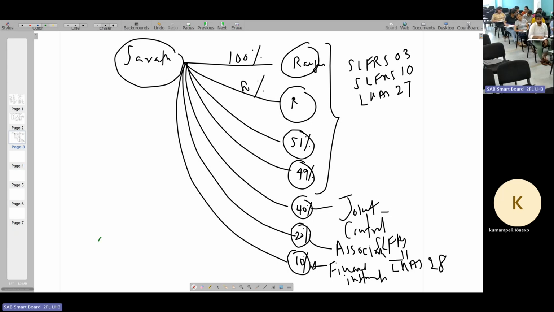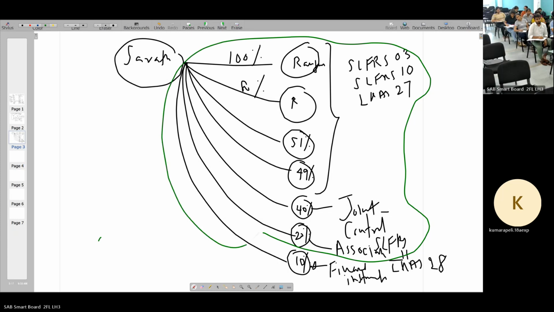මේ ටිකට other entities කියලා. තව standard එකක් අදාළයි. SLFRS 12.